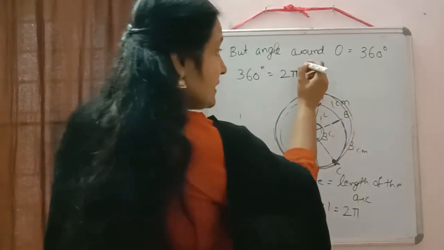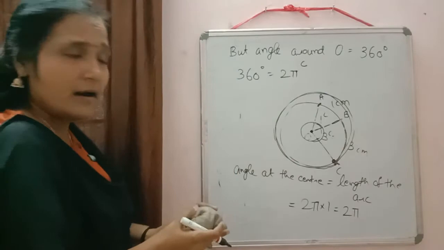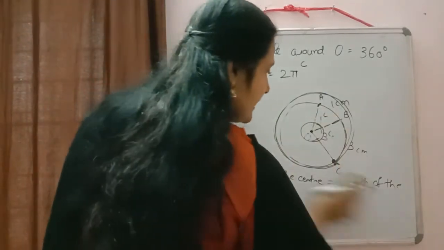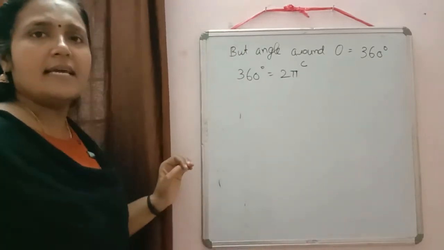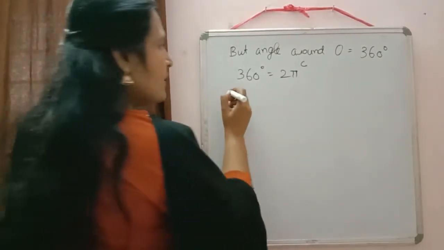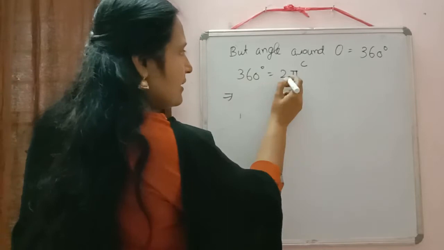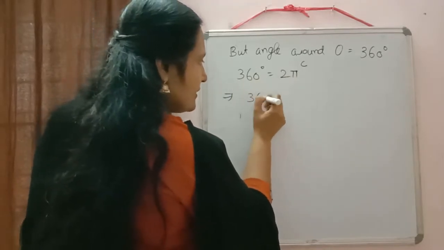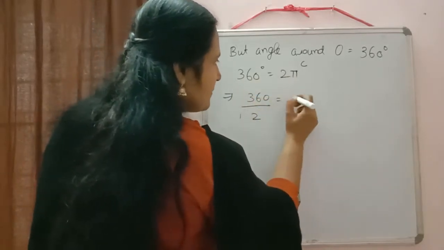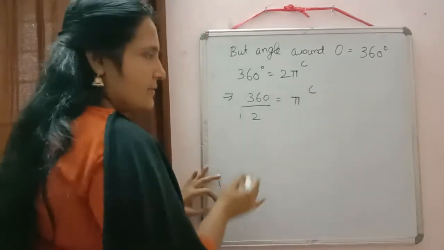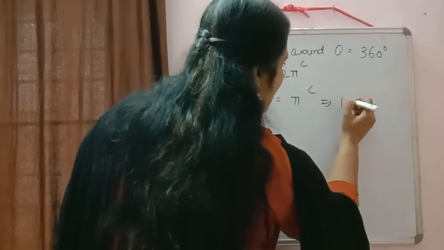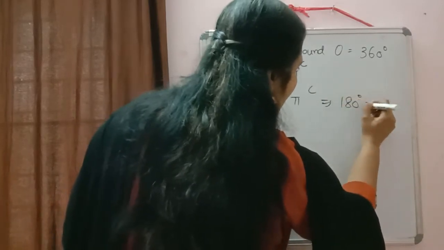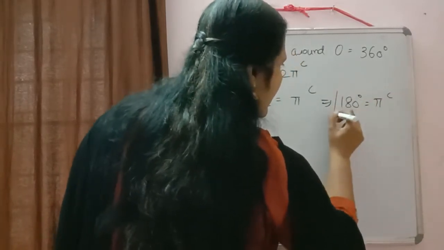If nothing is written, this is pi radian, okay? Because this is the radian system which we have drawn there. So we are getting here 360 degree is equal to 2 pi. So if I shift 2 here, it will be divided there. So 360 by 2 is equal to pi radian. So what will come here? 180 degree is equal to pi radian.